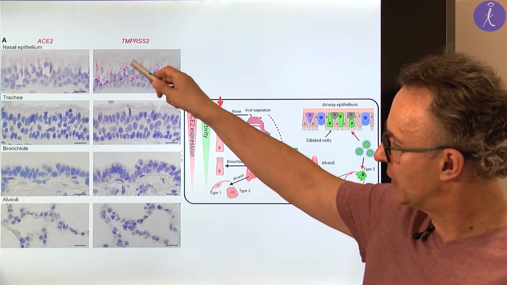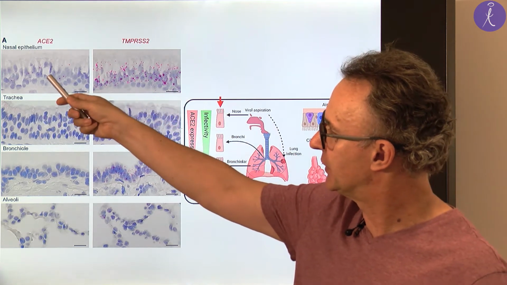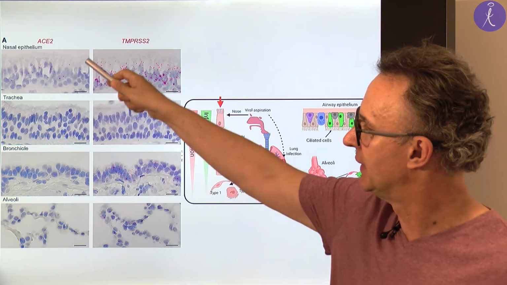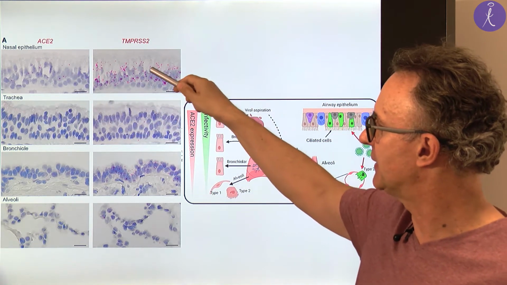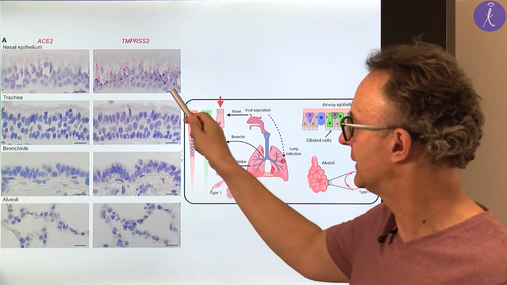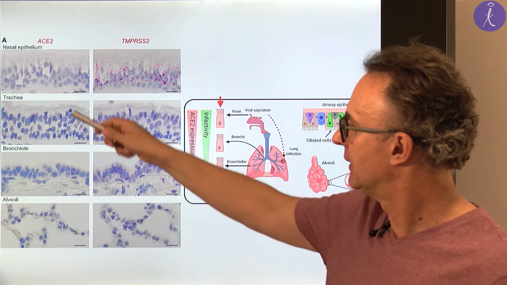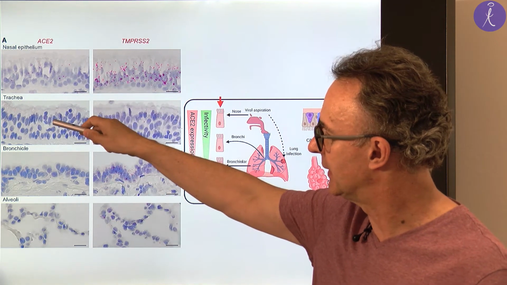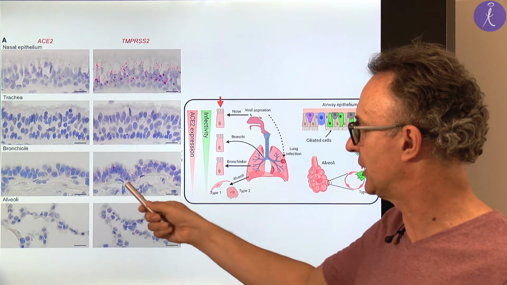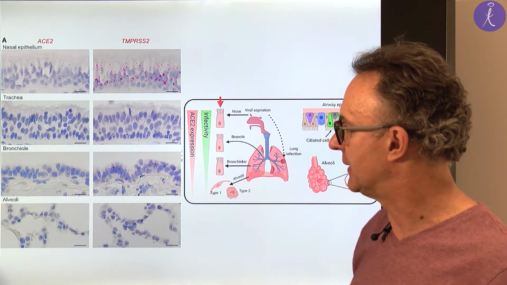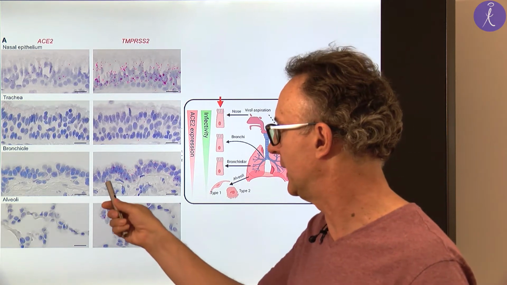I took this picture from the publication, and here it shows the pseudostratified ciliated columnar epithelium. Here you see that mostly the ciliated cells and also the basal cells are influenced highest, and then the middle part of the airways. In the bronchioles, we see also expression in the ciliated columnar cells and partly in the basal cells.